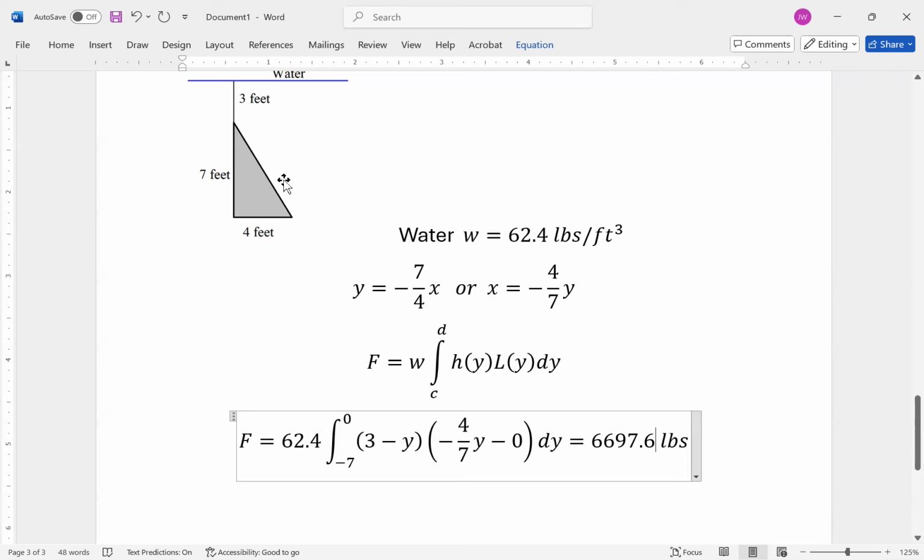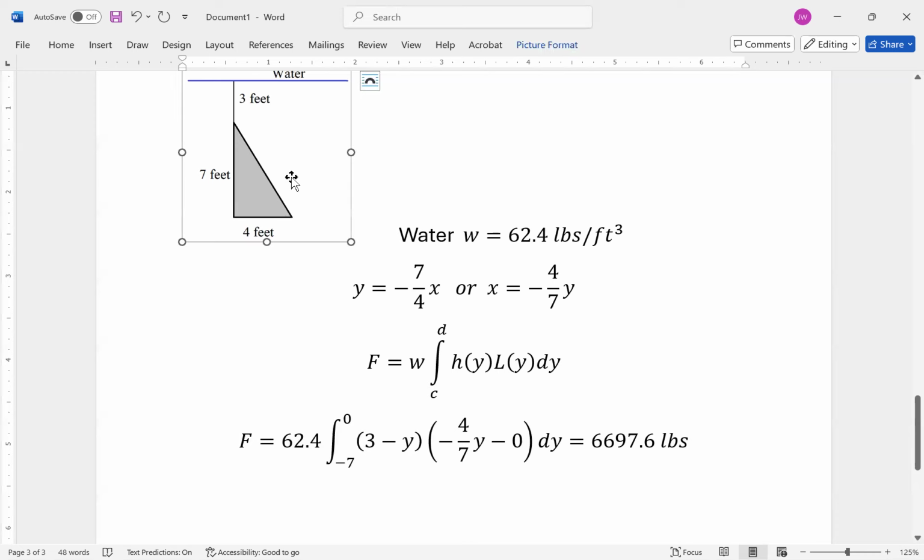So switch the plate from vertical to horizontal by flipping it on its center of mass and then doing the depth times weight density times area calculation. We're not going to do that on this one, not in this section anyways. But that's what you get.